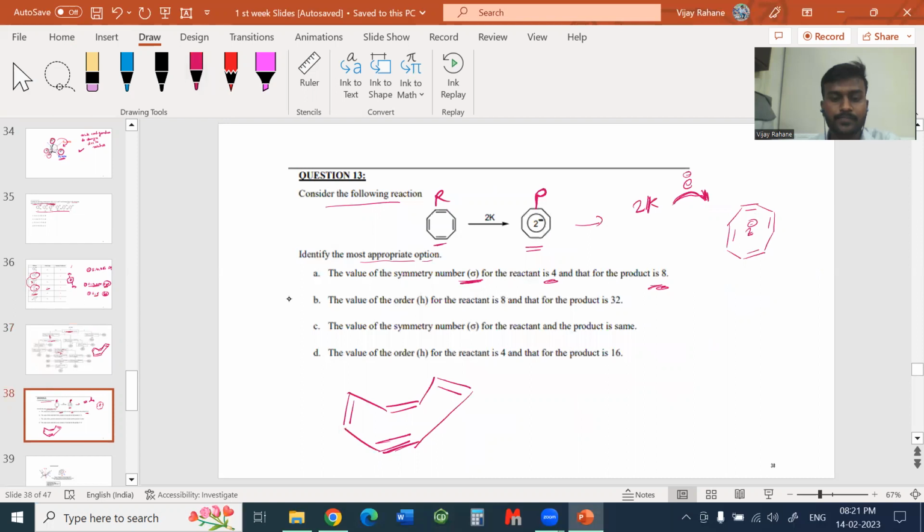The question is about the molecule having the symmetry number and order. In short, we need a symmetry number for comparison. To get these numbers, we should know which point group the molecule belongs to.